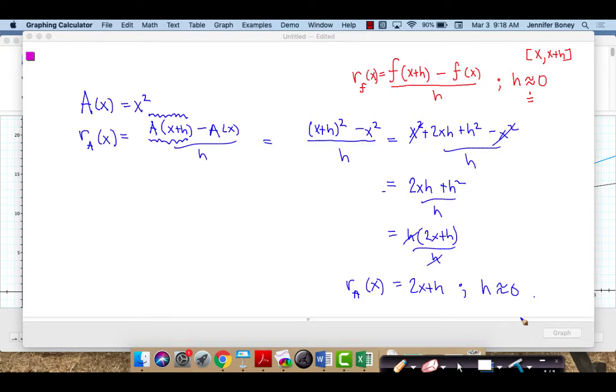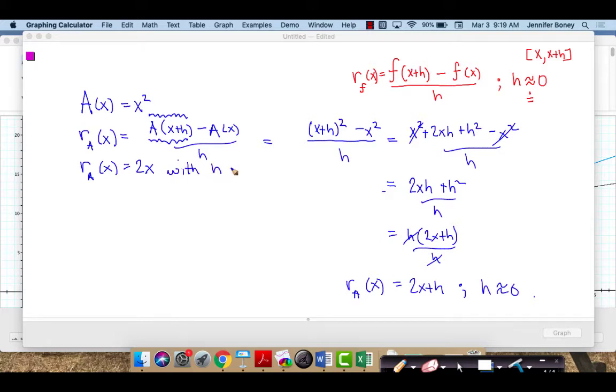But I can see in this simplified form, it's a little hard to see in the original, that if h is essentially 0, it looks like that causes a problem because of the denominator h. But after expanding, factoring, reducing, whatever, if h is essentially 0, then r sub a of x is essentially 2x. So r sub a of x is 2x.